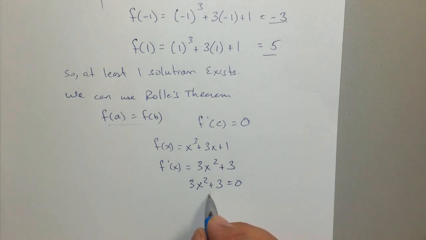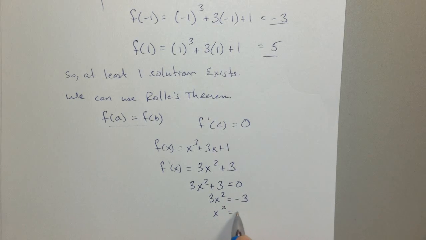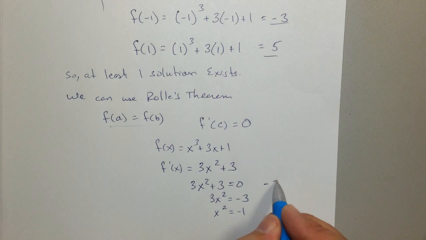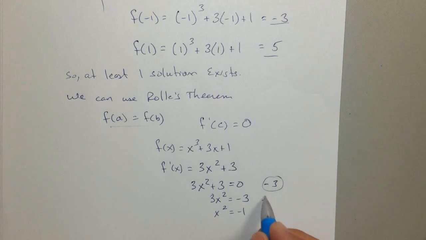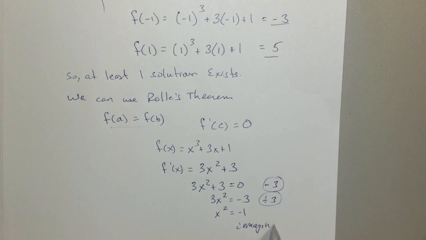Subtract 3 from both sides. Divide by 3. What's going to happen here? x squared equals negative 1. It's going to be imaginary. So there's no place in that interval where the first derivative equals 0.